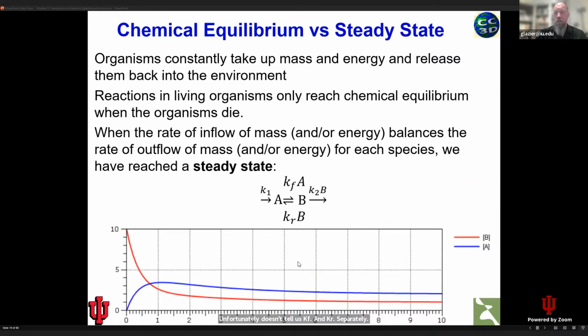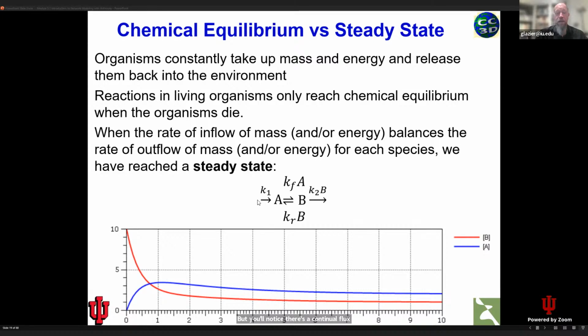In a steady state, we also don't have a time change of A and B, but in this case, we have a continuous creation of A, or input of A, and a continuous destruction of B. And this also will lead to a non-time changing concentration of A and B, but you'll notice there's a continual flux of material into the system.